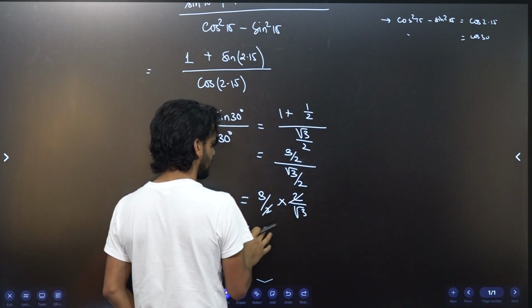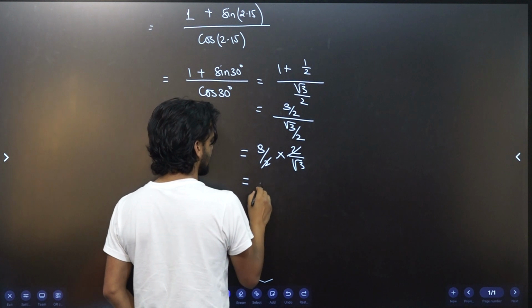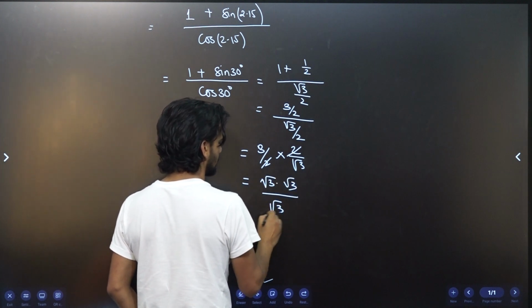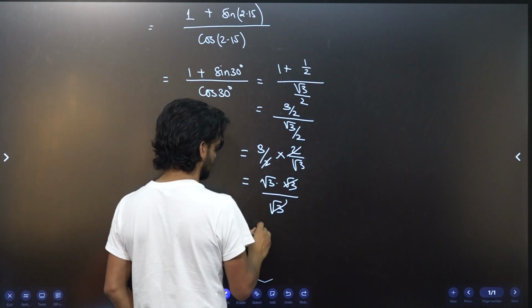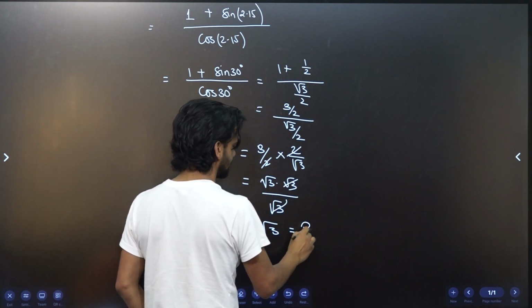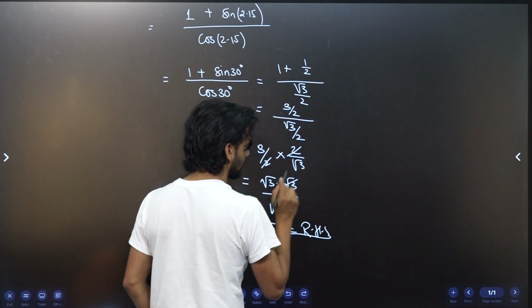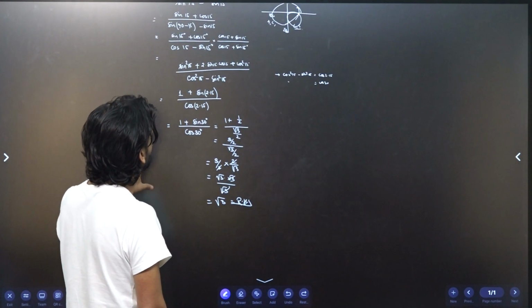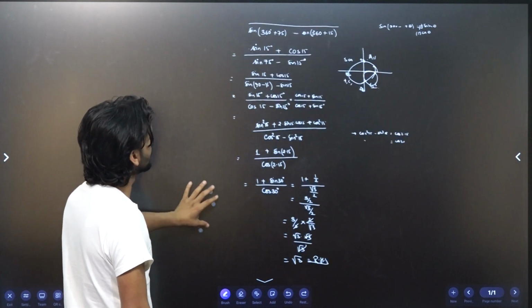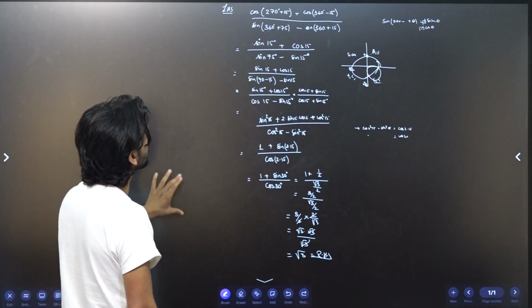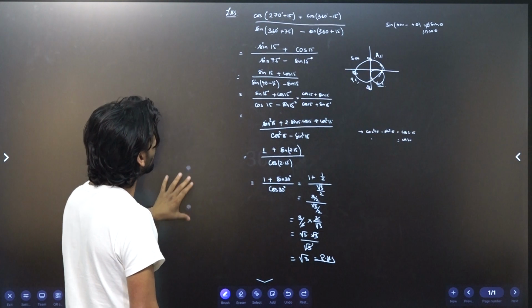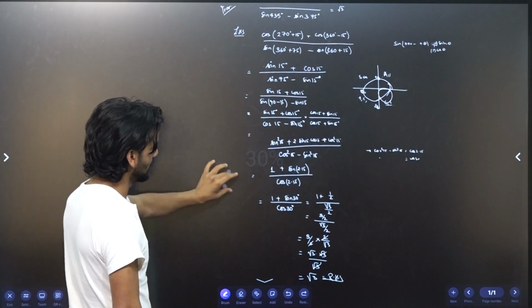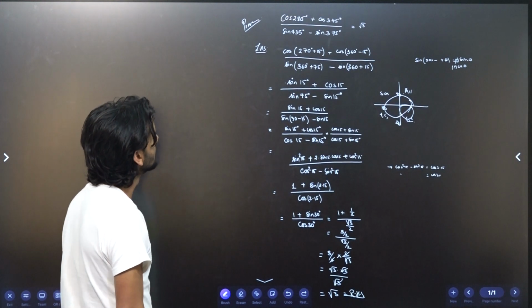The 2 cancels off, giving 1. 3 is root 3 into root 3, so root 3 cancels, leaving root 3. So that's how you can solve the problem.